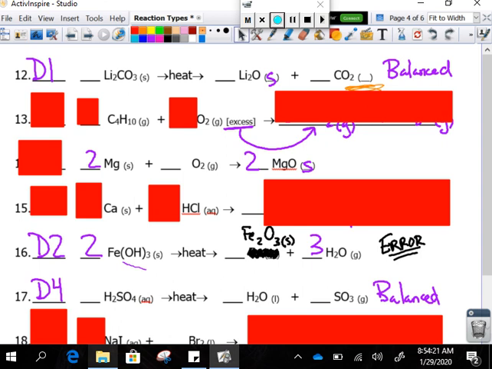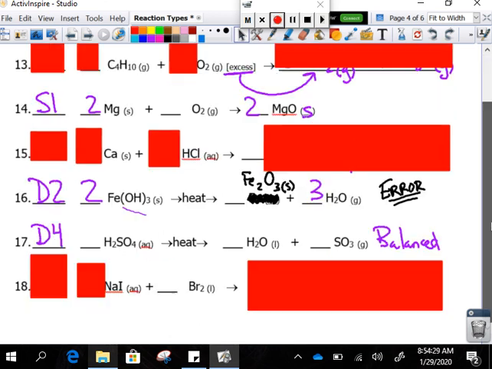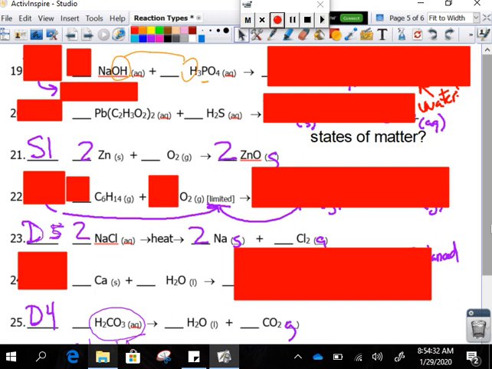Number 14 is a synthesis problem. Oh, it's just two elements combining together, so it's synthesis number 1. And then 21 is already synthesis number 1. Don't know why I didn't hide that one. And we're good. We've done all of the synthesis.